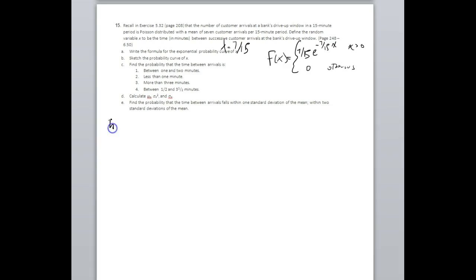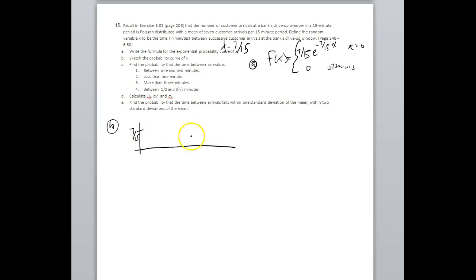And then B says, so this was for A, B says sketch the probability curve. Probability curve, oh geez. Okay, the probability curve has the height of lambda, so 7/15.